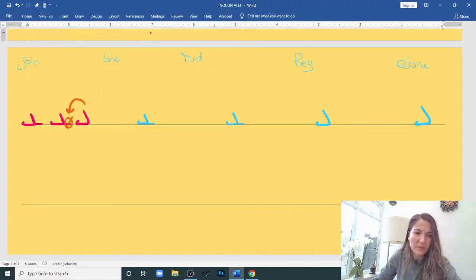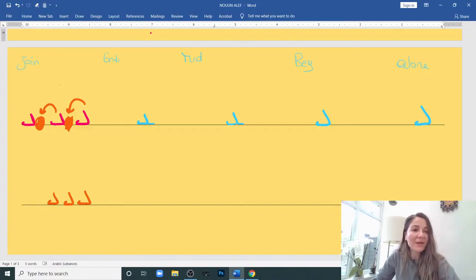It's a bit pointless, so you have to delete the tail. The same here. This doesn't join to the letter after. So why would you need the tail? You won't need it. You just delete the tail. Then what happens? It means you just really literally have three Daals next to each other. That's it. That's how you join them. They don't really join. Okay?